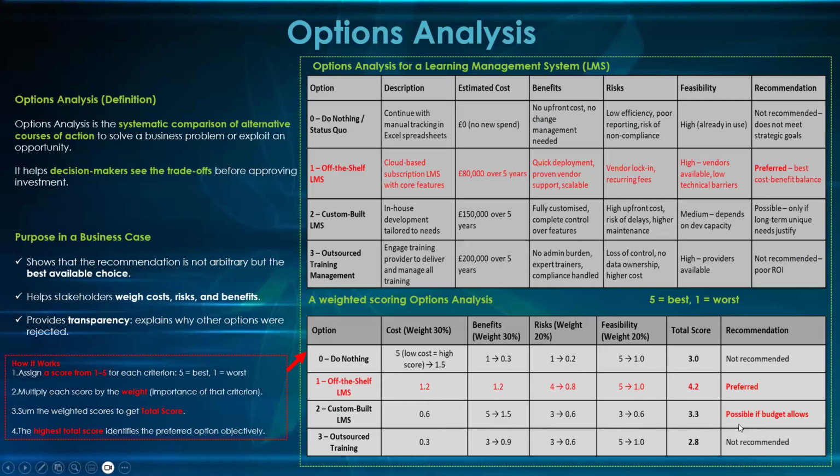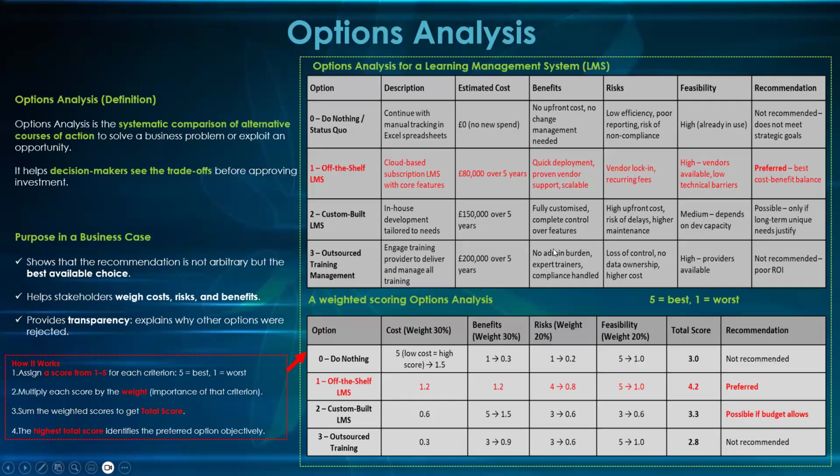Then at the end of the day, you still make your recommendation. You can see, based on the weighted score, we still have option number two, the second option, as the preferred option, followed by the next, which is to build your own, as the next preferred option if the budget allows. Then you can see how I broke it down here, if you're not very sure.